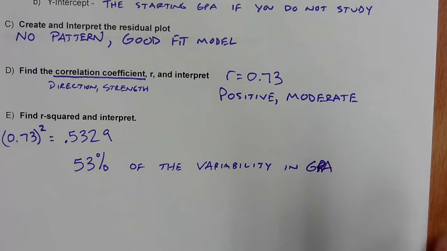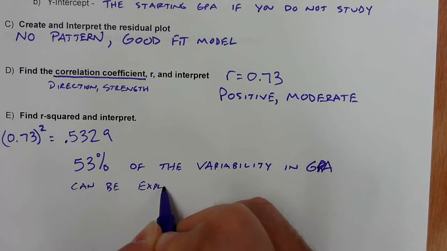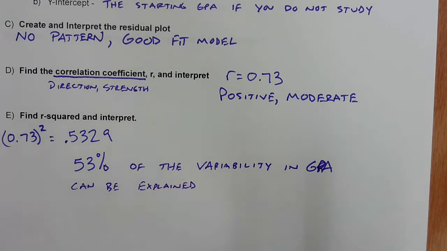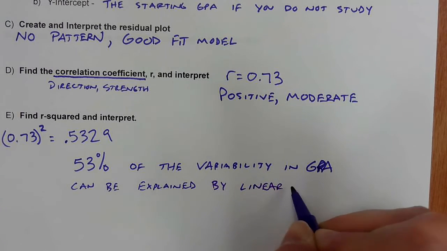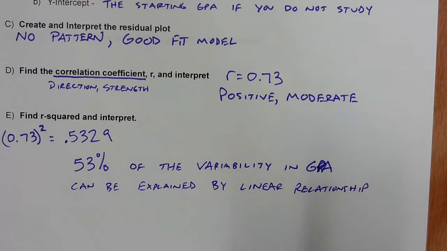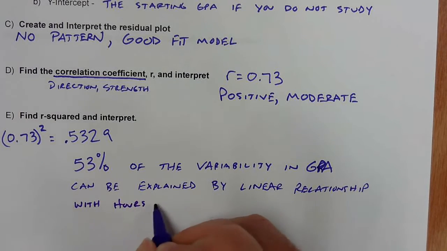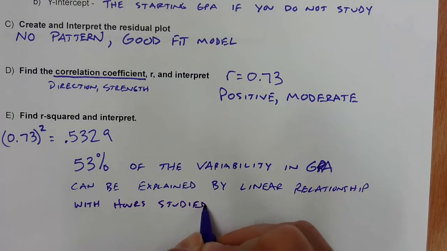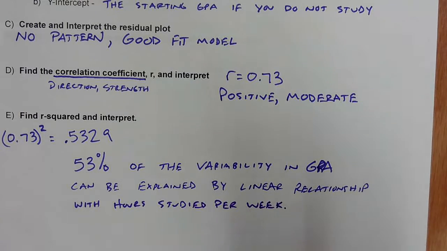GPA, I don't know why I keep writing R. GPA can be explained by the linear relationship with hours studied per week. So that is finding our R squared and interpreting that R squared.